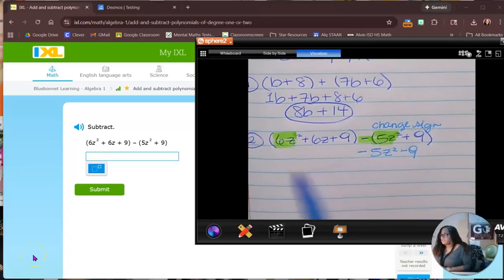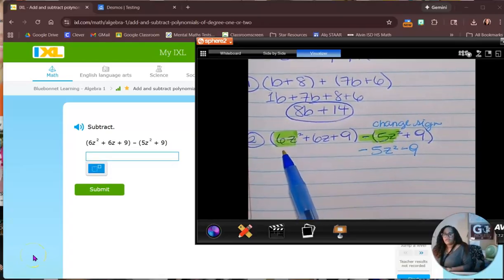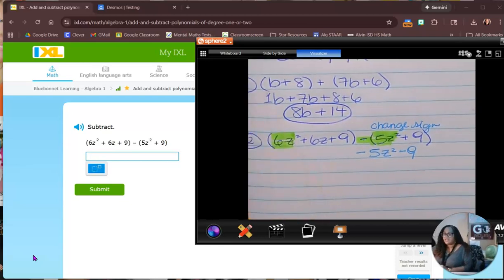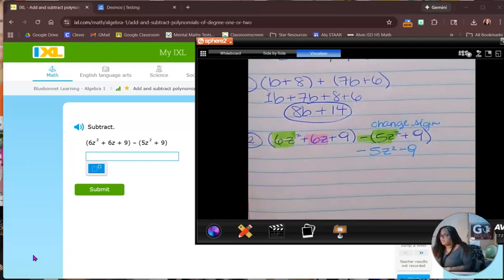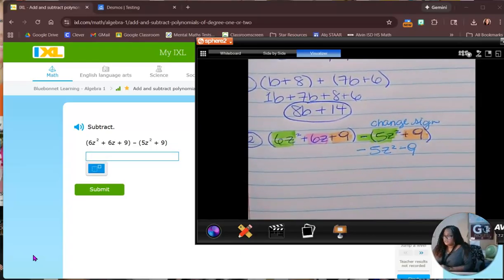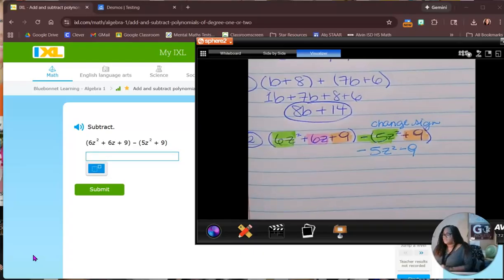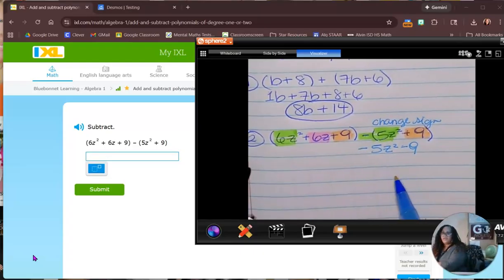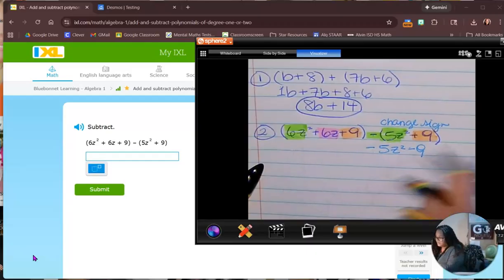Now that all the signs are changed, I have to color code all my like terms. Only do this if you've got color coded highlighters or colored pencils. I only have one term with a single z, and then I have two constants. This is where I do require you to show this step, and we'll put the green terms together.